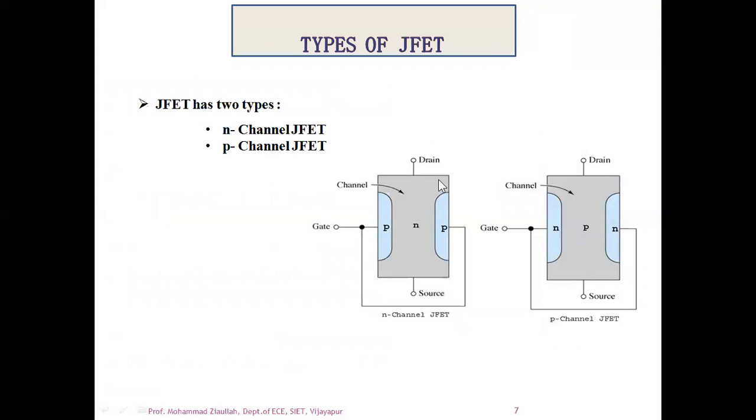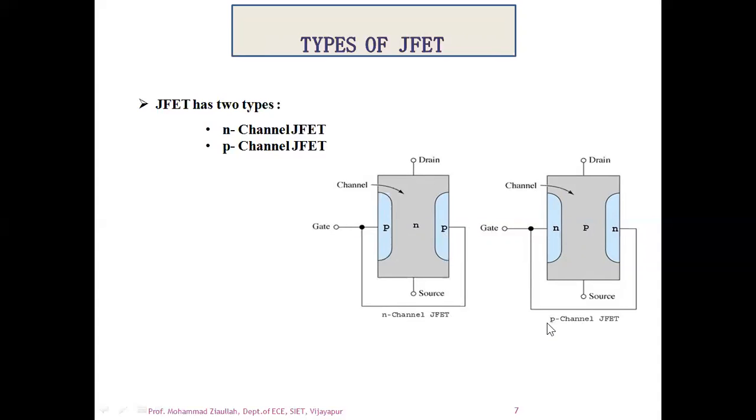Based on the type of channel, P channel and N channel JFETs are obtained. In an N channel JFET, the channel is sandwiched between two P-type materials, where we short these two P-type semiconductor materials to obtain the gate terminal, and the gate input is applied between these two P-type materials.